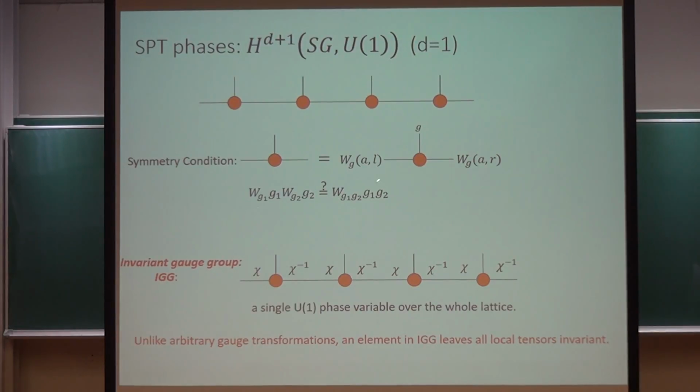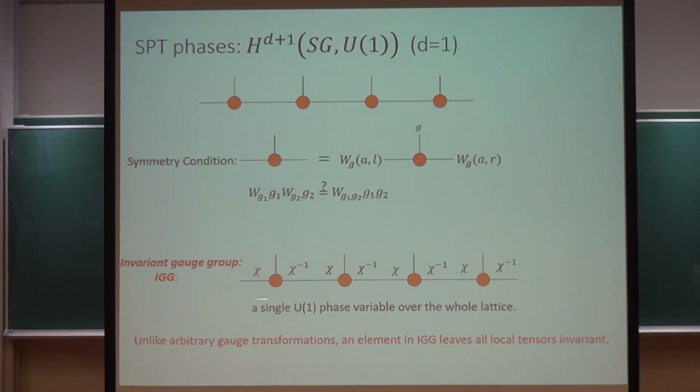Because all the W's are gauge transformations, you should ask yourself, are there virtual gauge transformations that leave all the tensors completely invariant? And then there are the following possibilities. You can multiply some phase chi and some phase chi inverse in this way, and obviously every tensor will come back to itself.